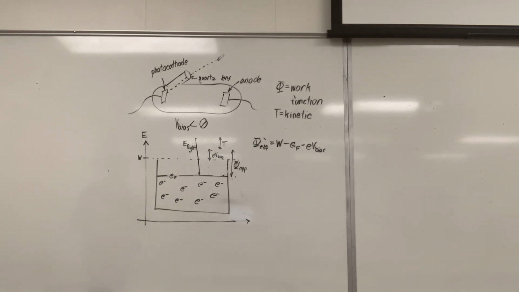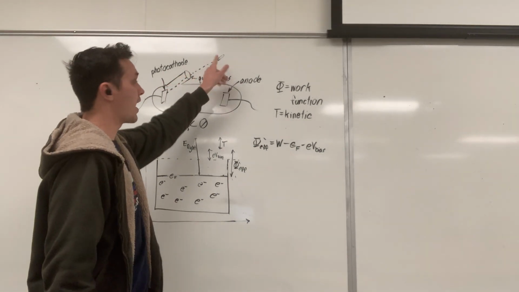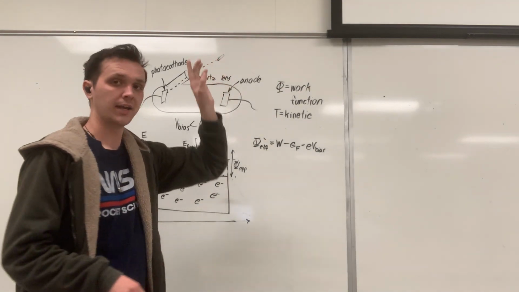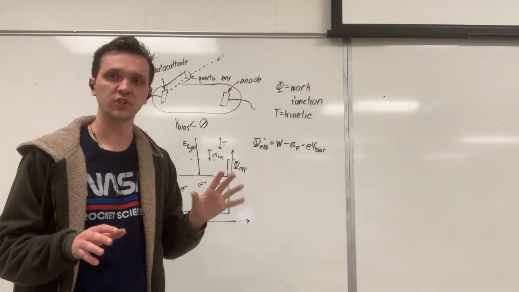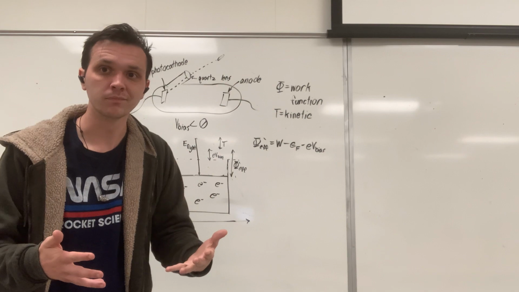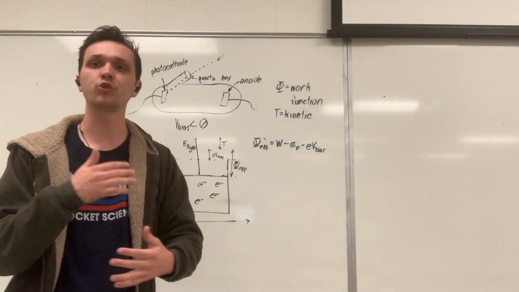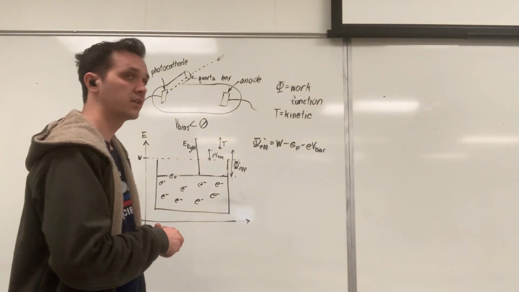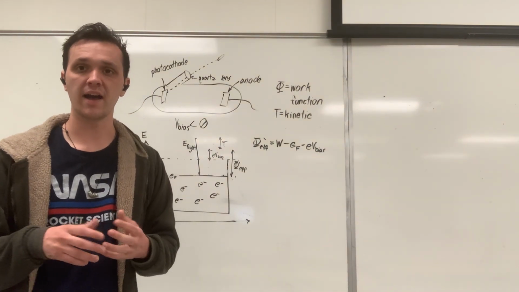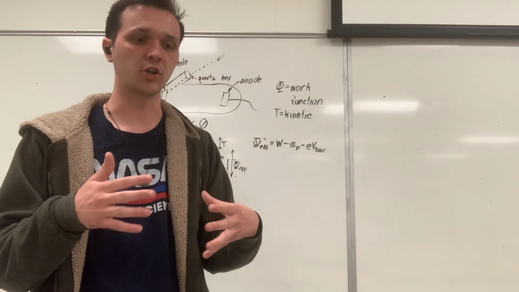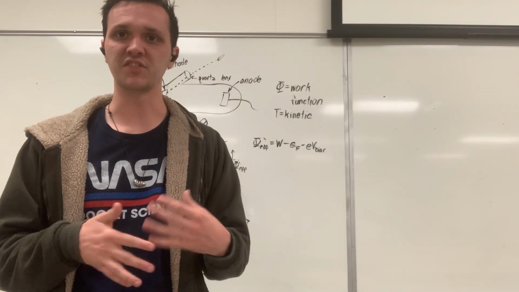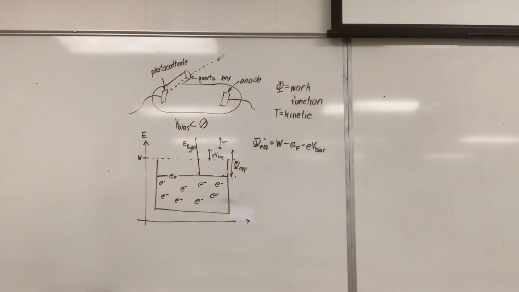You can either increase the intensity of the light or just let it run for longer, and the energy that the light is delivering to the plate will increase over time, and eventually the electrons will have enough energy to escape the lattice and you'll get current, as long as you wait long enough or increase the intensity of the light.